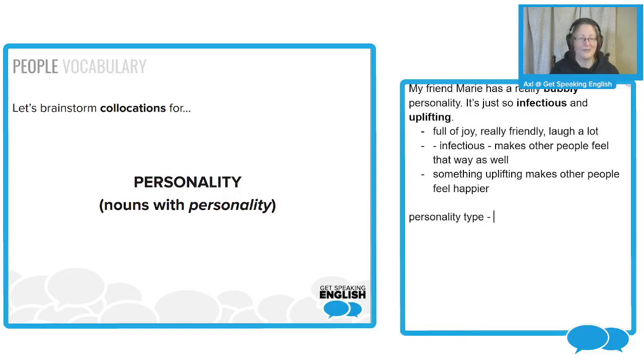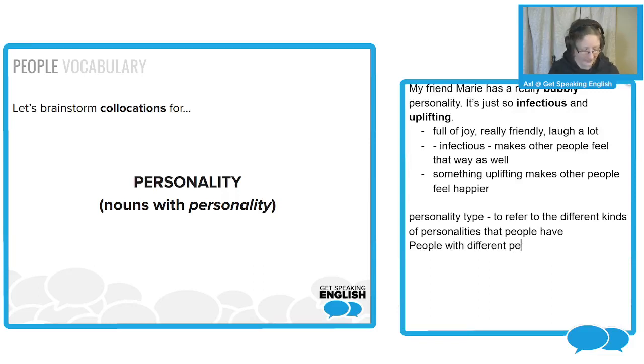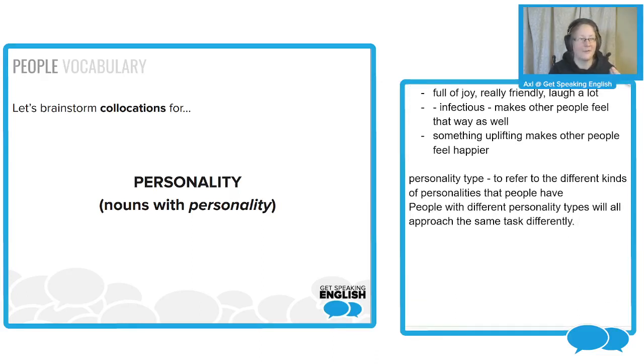To refer to the different kinds of personalities that people have. So for example, people with different personality types will all approach the same task differently, right? Because we all have our own way of thinking or feeling or acting. So we would approach tasks in a different way, right?